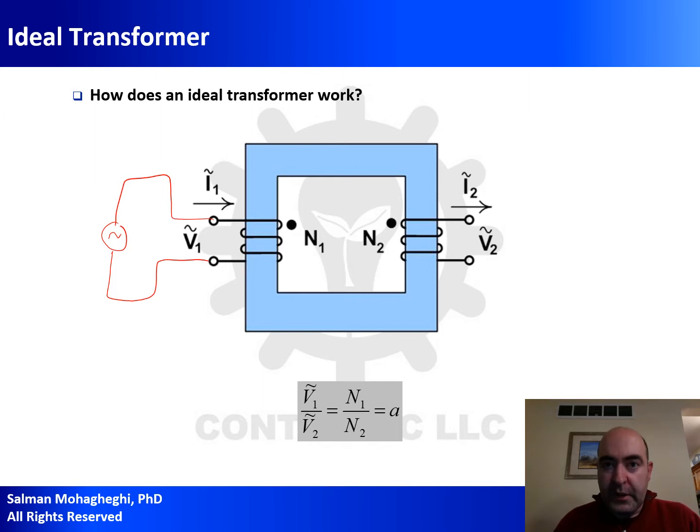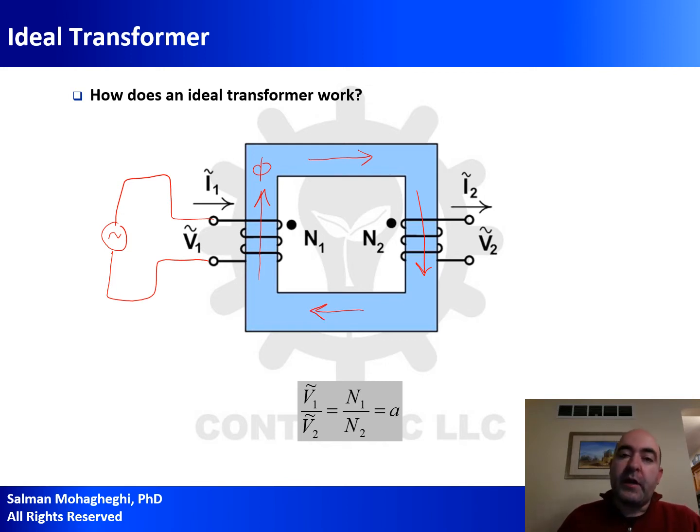As a result of it, a current is going to start flowing in the coil, which I'm showing here as I1. When this current flows through the coil, due to Ampere's law, I'm going to have a magnetic flux generated. This magnetic flux obviously starts flowing through the magnetic core, and in doing so, it will cross my secondary winding.